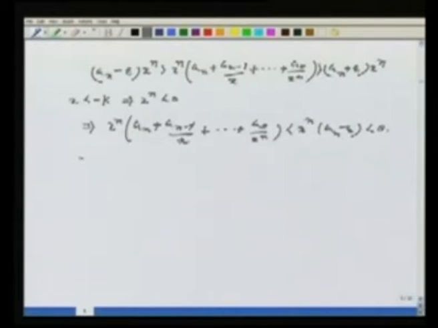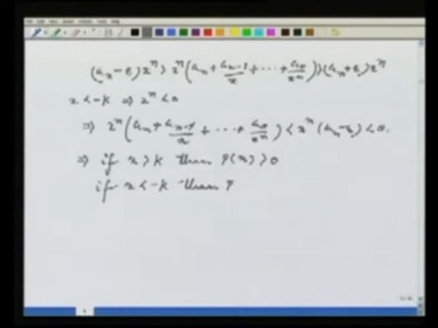So this implies that if x is bigger than k, then P of x is bigger than 0, and if x is less than minus k, then P of x is less than 0.